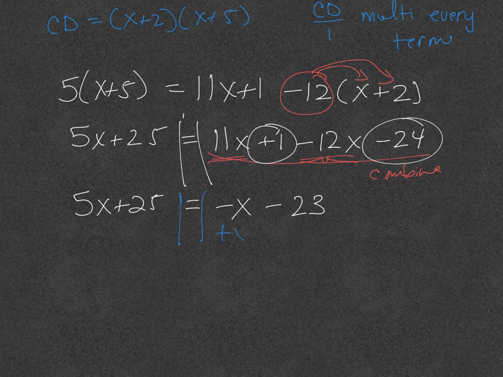So here I add x to both sides. And at the same point in time, I'm just going to do this in one step, I'm going to subtract 25 from both sides. All right, so this over here would cancel out. On this side, I have a 6x.